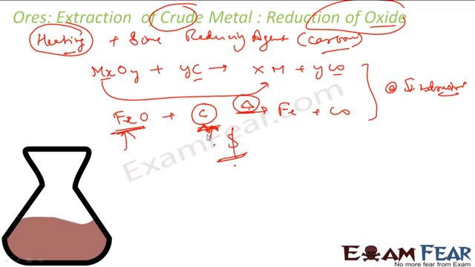So we are looking for a reducing agent which can do its work in a decent way, that should be cheap, and the temperature required should also be in a decent range. It should not be very high. It should not be in the range of 5000 degrees Celsius or 5000 Kelvin. It should be in the range of 500, 600 at the max, 1000 or 1500 Kelvin kind of range. So here thermodynamics helps us.